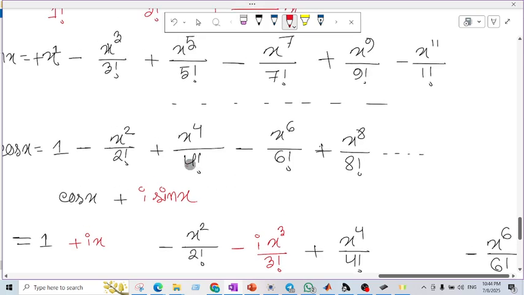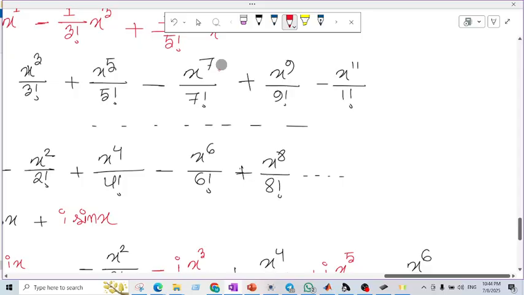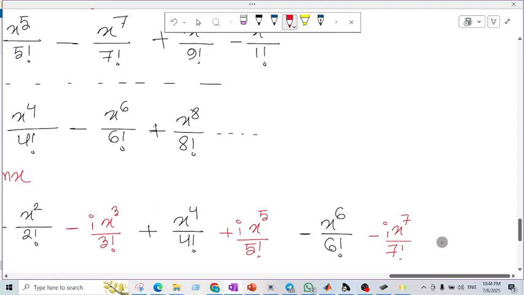Then I will get i x to the power 5 divided by 5 factorial. Again I will get minus i x to the power 7 by 7 factorial, and this goes on and on.